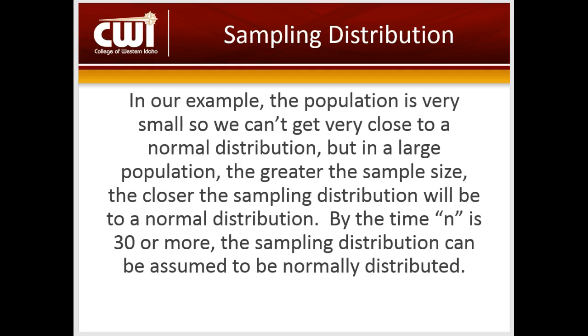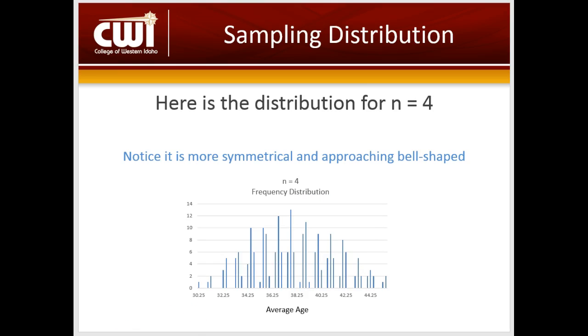But in a large population, the greater the sample size, the sampling distribution will be closer to a normal distribution. By the time the sample size is 30, the sampling distribution can assume to be normally distributed. For n equals 4, notice the distribution is again more symmetrical and approaching a bell shape.